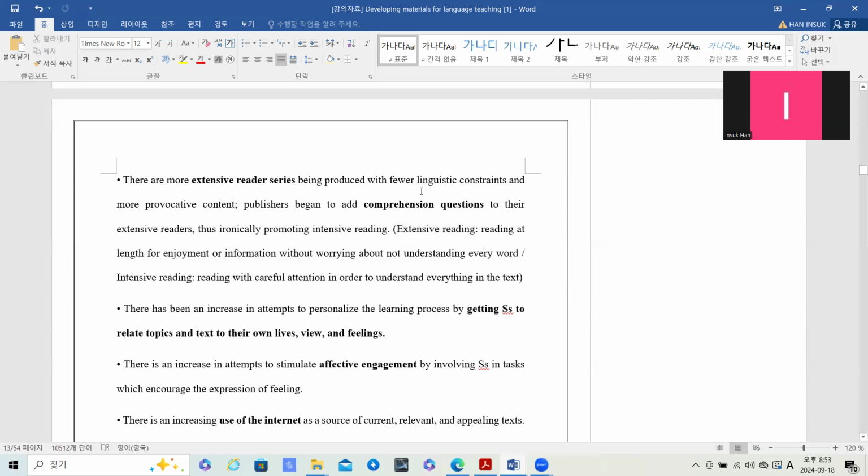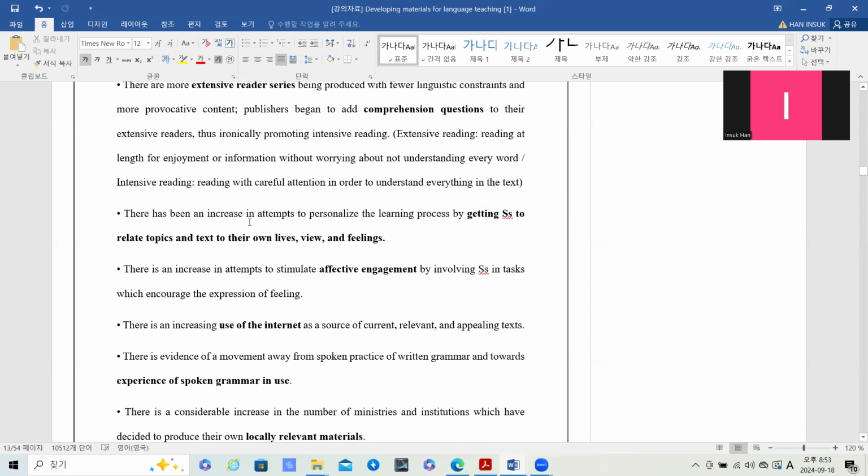So as I just read here, providing comprehension questions to the students in the course books may demotivate the students' extensive reading by having them focus on given text materials to find out predetermined answers to the comprehension questions.